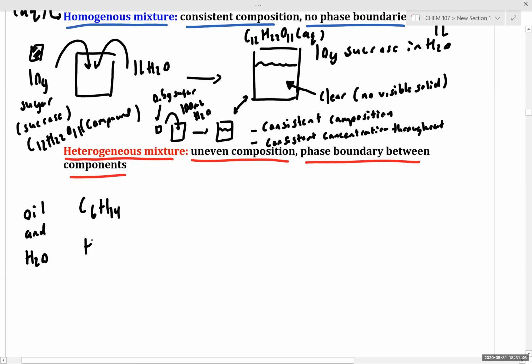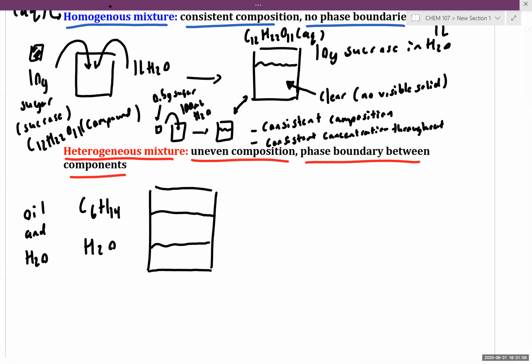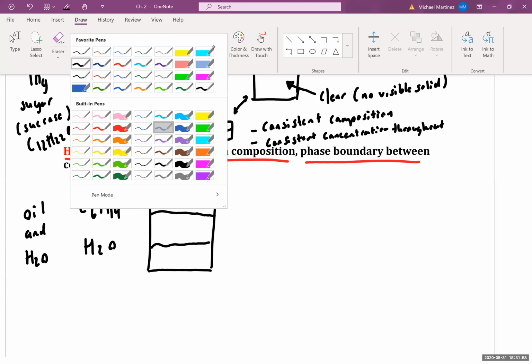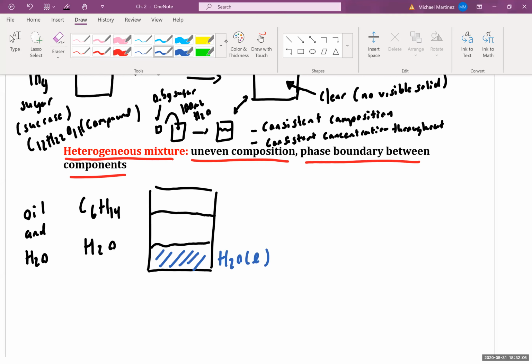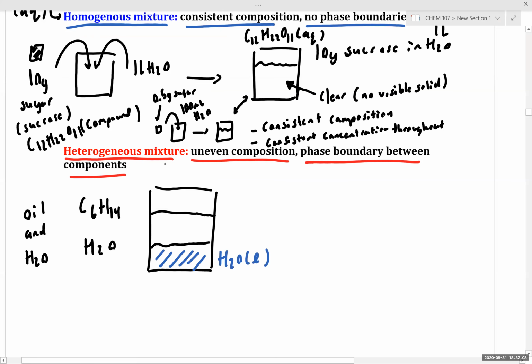So oil and water, as we know intuitively, do not mix. If we mix oil and water together, we will see two clear layers. On the bottom, we will have water. And on the top, we will have our oil, which we write as C6H14.